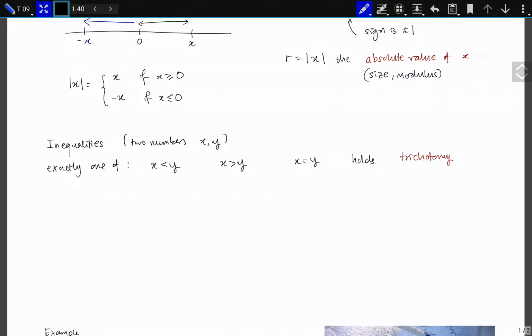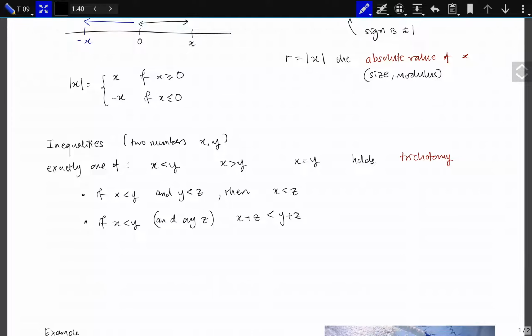So in particular, we have the following properties. If x is less than y, and now we're going to have three numbers, and y is less than z, then x is less than z. If x is less than y, and you take any z, x plus z will be less than y plus z.